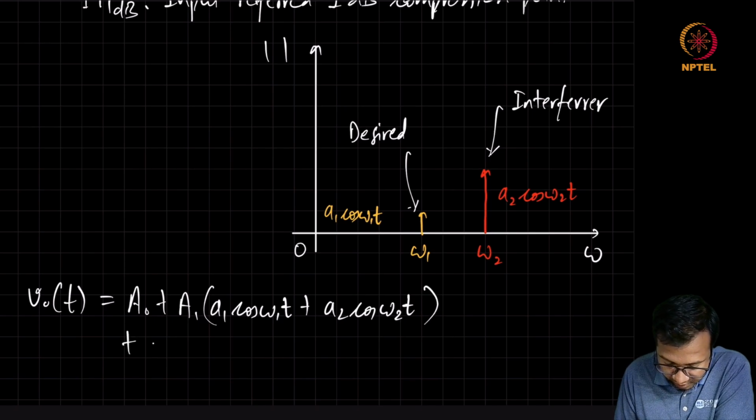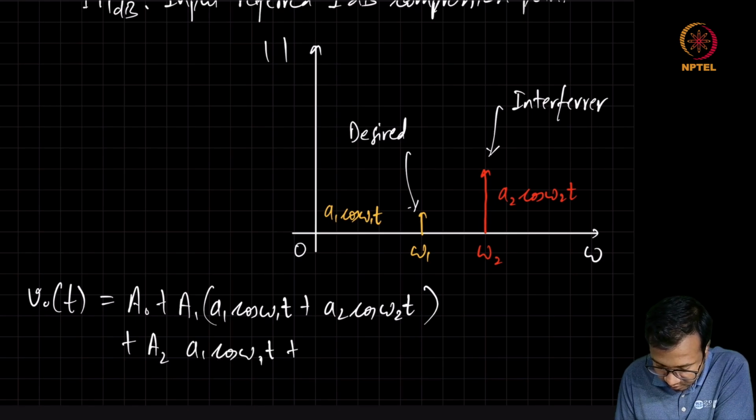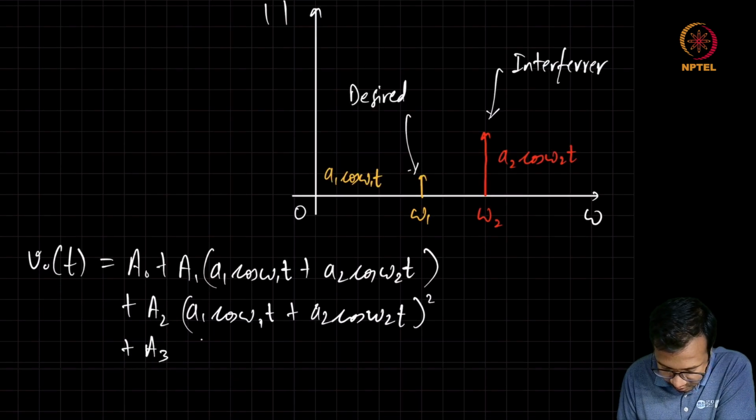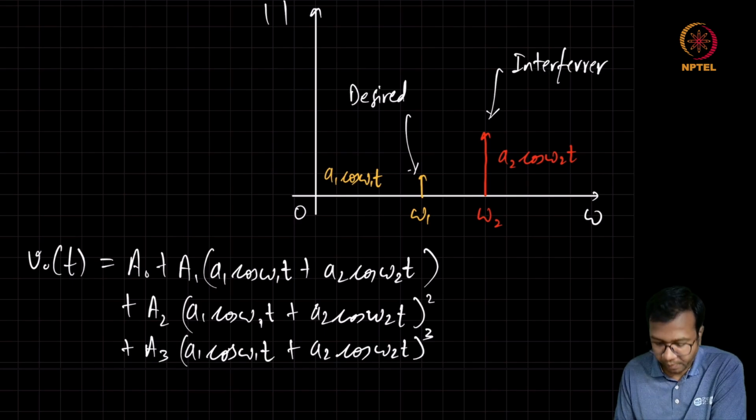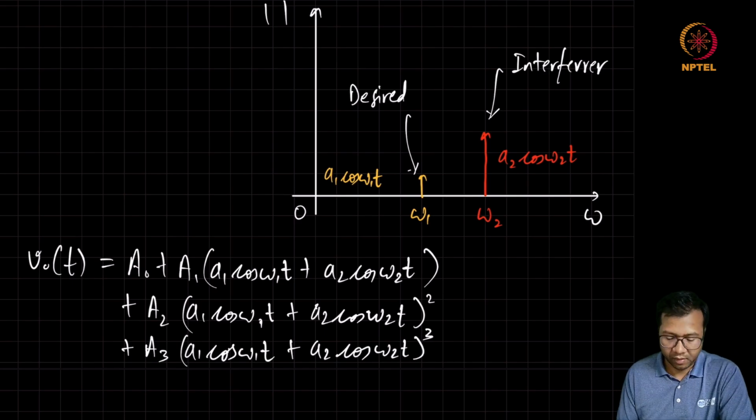Then we have the quadratic term, A2 (A1 cos omega 1t plus A2 cos omega 2t) whole square, and the cubic term, A3 (A1 cos omega 1t plus A2 cos omega 2t) cube. We are ignoring the higher order terms.